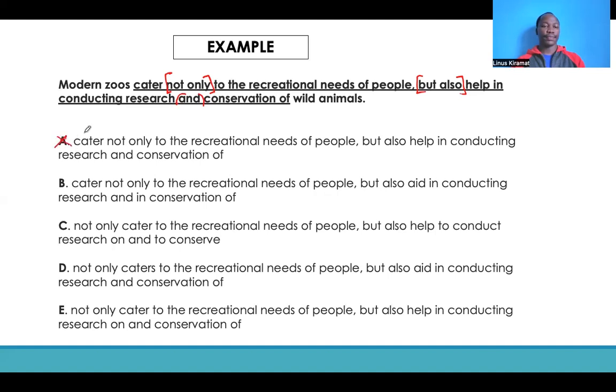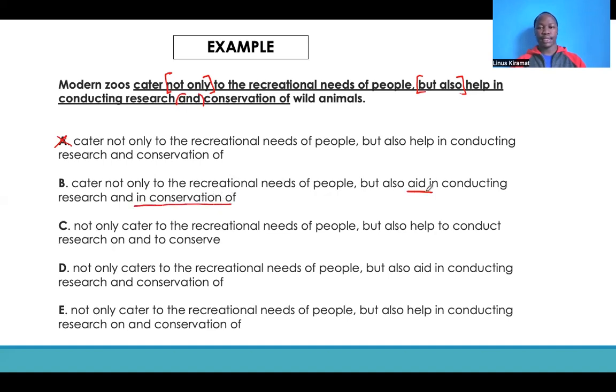So eliminate A. B says, cater not only to the recreational needs of people, but also aid in conducting research and in conservation of wild animals. We see an introduction of a new word, aid in conducting research and in conservation of wild animals.